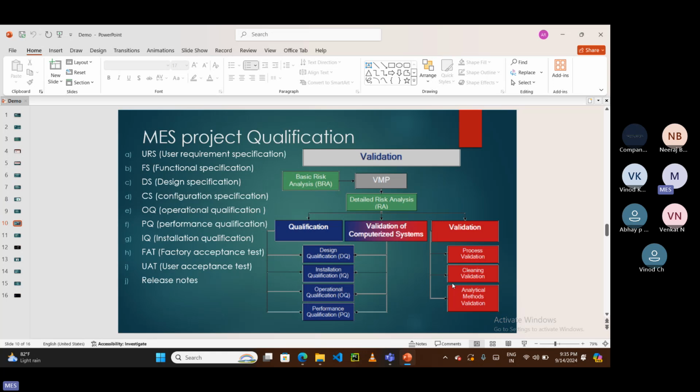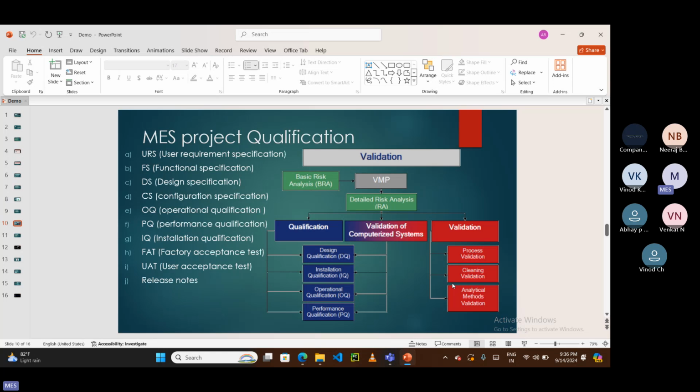As part of a validation team, as an MES consultant, you should be aware of the qualification of the MES application, how to qualify it. You have to understand that in detail. If you are working as part of a service team, in a service based industry, then you have to support and provide your experience inputs to the pharma company, like we have to qualify this application in such a way, and how we need to qualify it.